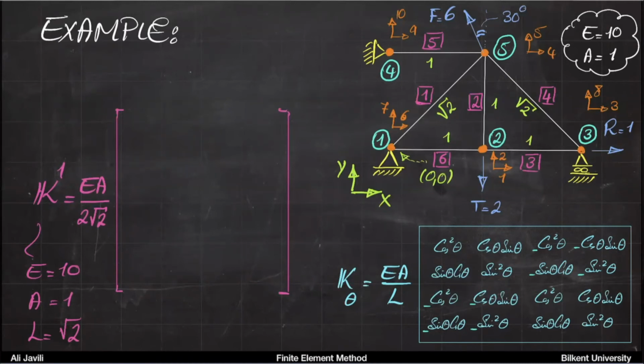And then inside the matrix itself, you would have 1, 1, minus 1, minus 1, minus 1, minus 1, 1, 1. And you can see again, these matrices are symmetric, obviously. Okay, so this is element 1 stiffness.